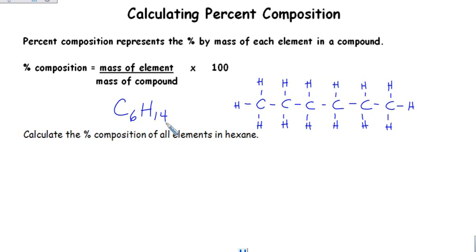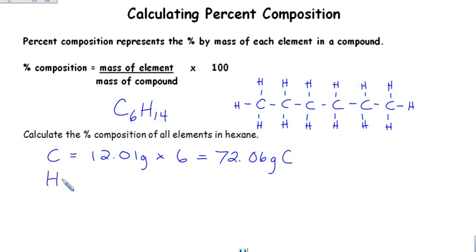Next order of business, we're going to need the molar mass. We're going to need the mass of the compound. I usually try to do that first. So in my calculator, I'm going to have carbon. Its mass is 12.01. There are 6. That gives me 72.06 total grams of carbon.